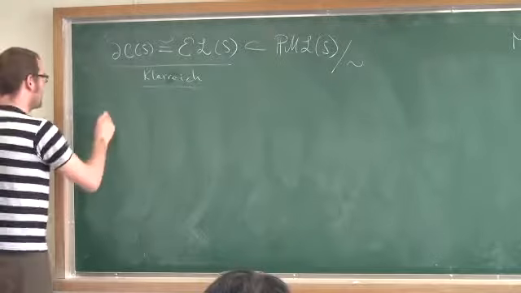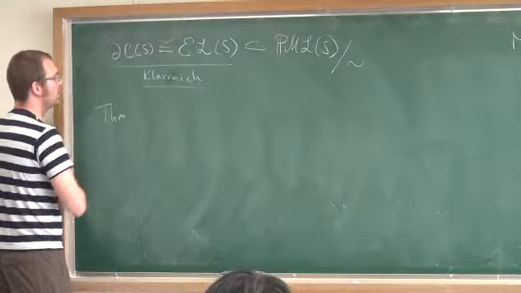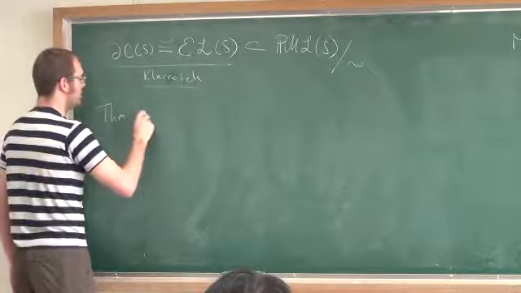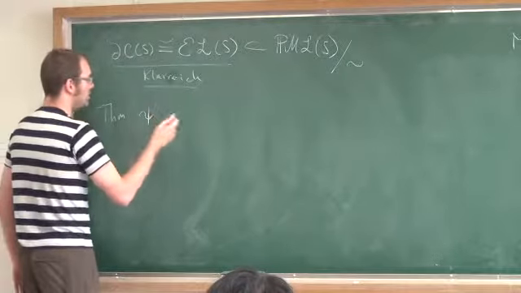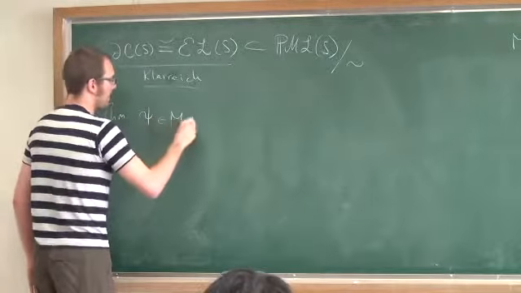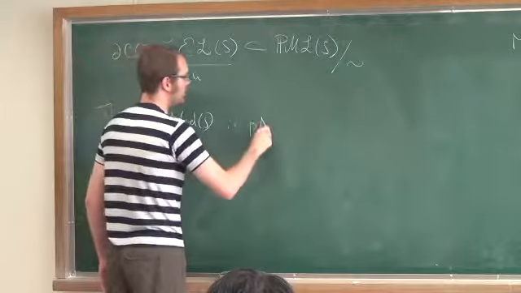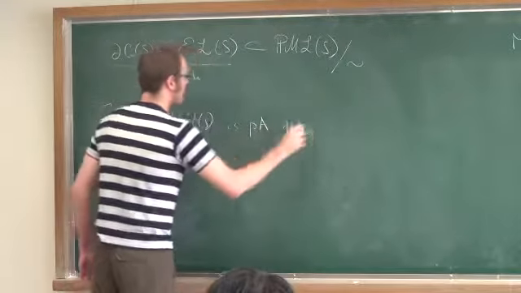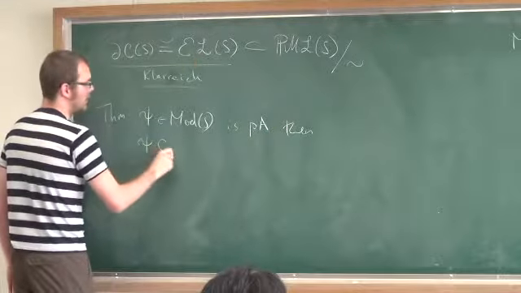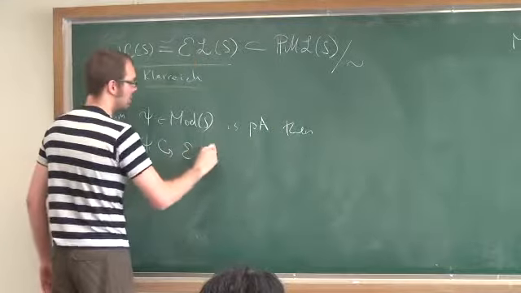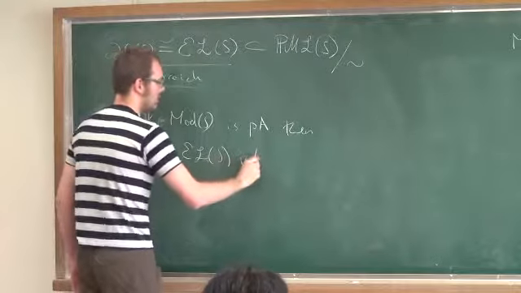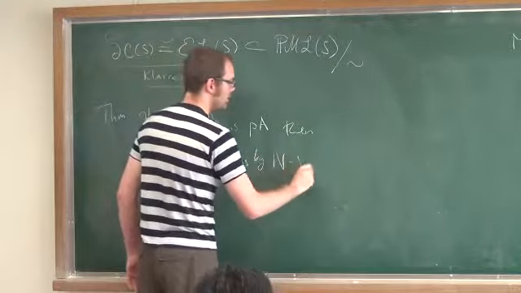And so what one can show is that if psi, a mapping class, is pseudo-Anosov, then the action of psi on the ending laminations is by north-south dynamics.